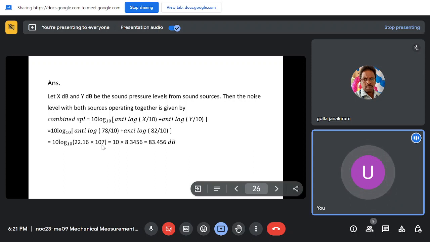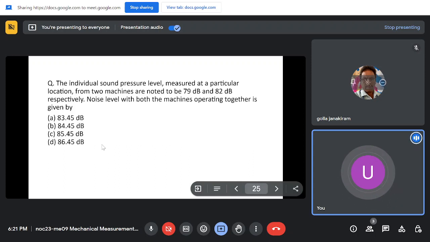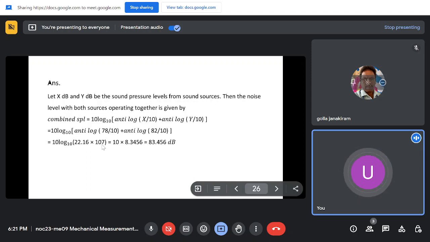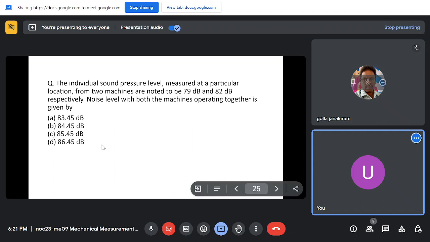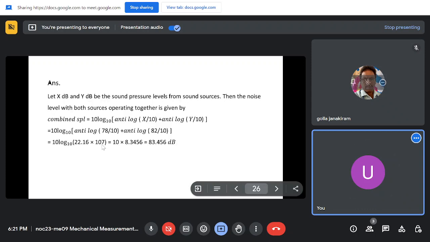So the combined noise level is 83.456, which is our answer, option A. I hope this is clear.